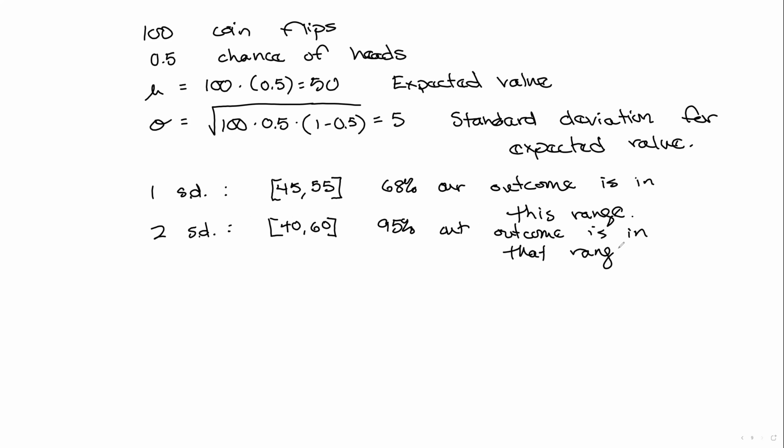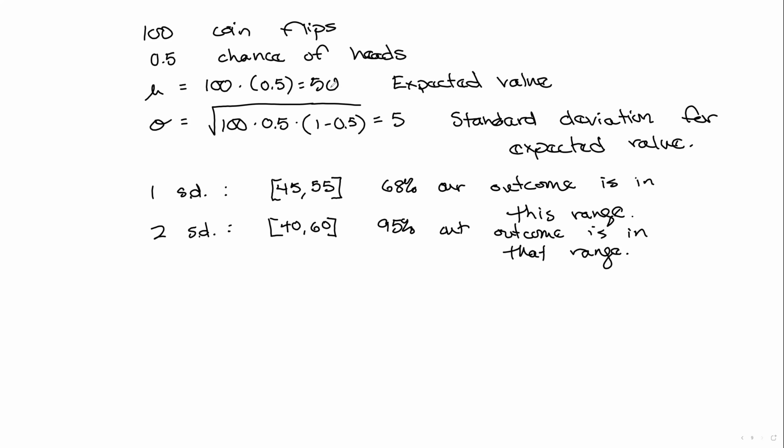All right, so in terms of interpreting what we've done here, you've got 100 coin flips. You actually do the coin flips. You do them 100 times. You flip them. You count how many heads you get. Your guess is that you're going to get 50, but that's not a guarantee. That's your expected value. Instead, you could get 51 or 52 or 53, or you could get 47 or 46.